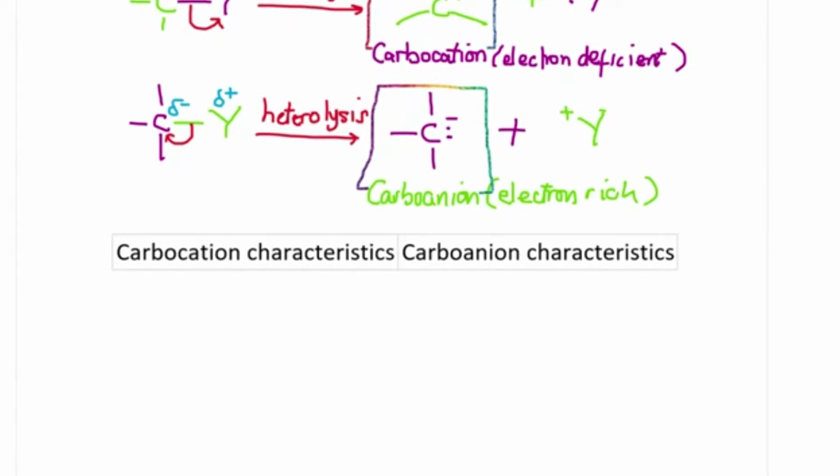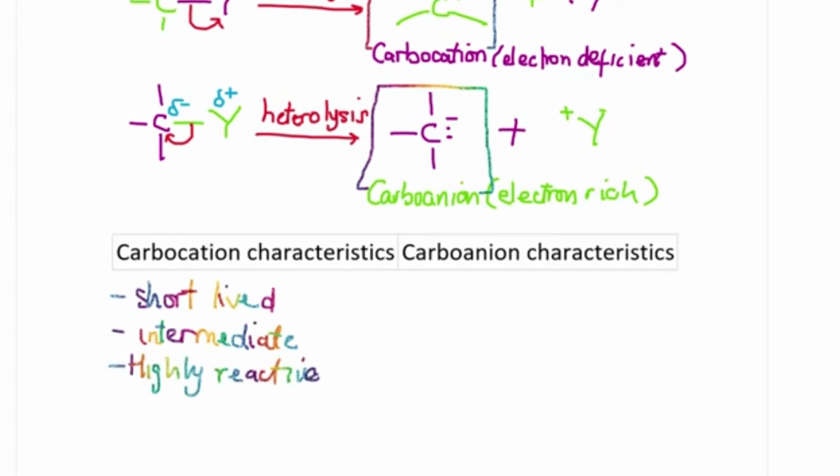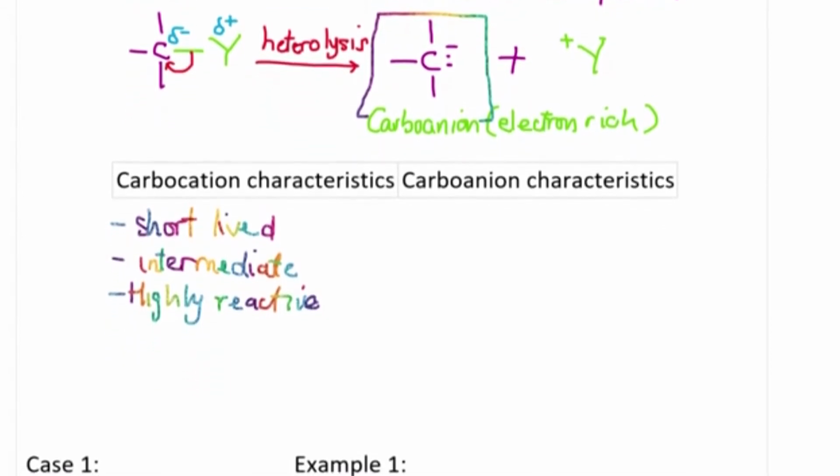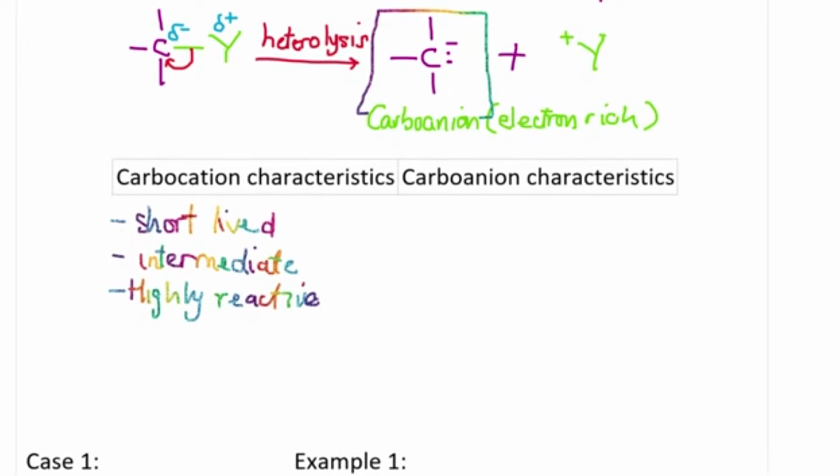First, carbocations are short-lived, so they have a short lifespan, which means they are mostly intermediates in chemical reactions, and as a result they are highly reactive. This reactivity is linked to carbocations reacting mainly with Lewis bases, and they are considered to be electrophiles.